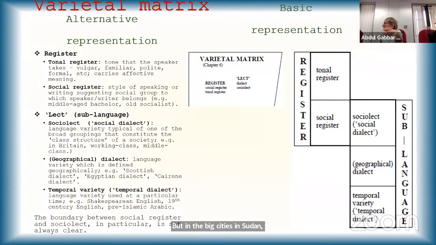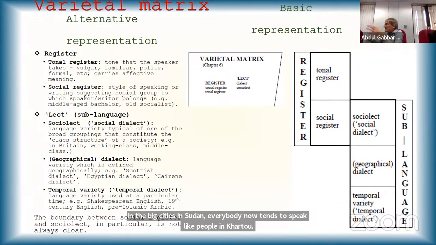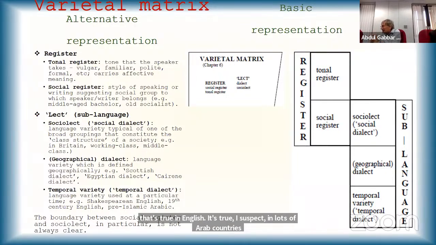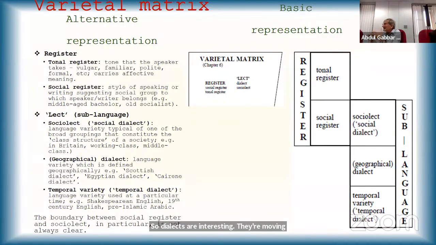But before, 20 years ago, 30 years ago, 50 years ago, cities would have their own dialects. And that's true in English. It's true, I suspect, in lots of Arab countries. So dialects are interesting. They're moving together in English and in Arabic. And the big cities and the prestige areas are influencing non-prestige dialects and so on.